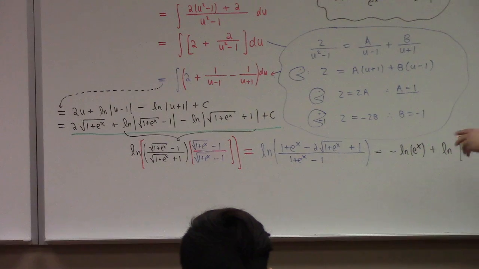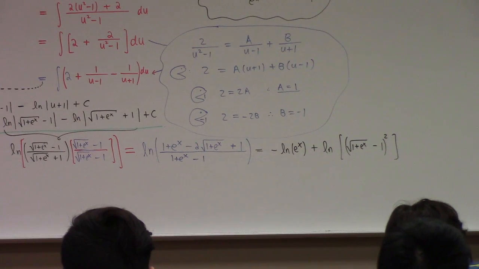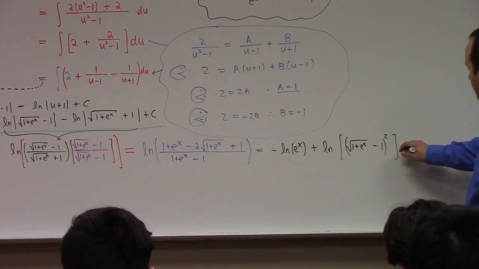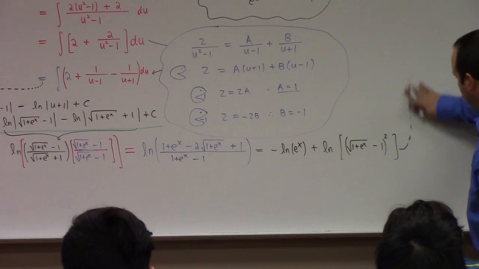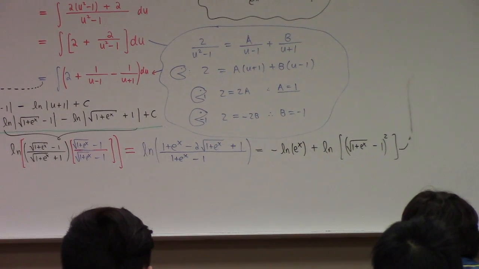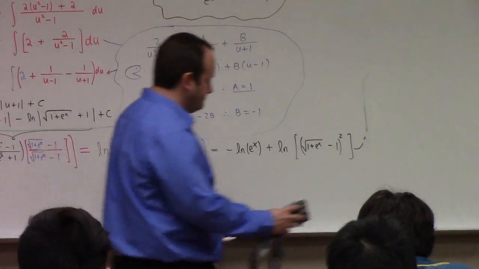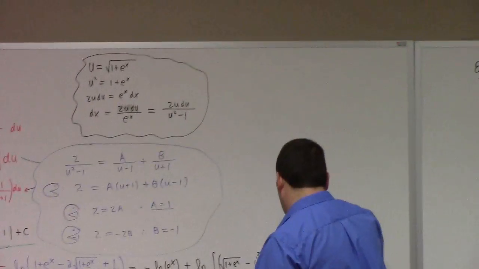So the 1s cancel. I use properties of logs again to pull out minus the log of the denominator, right? So how can I simplify that in view of that?